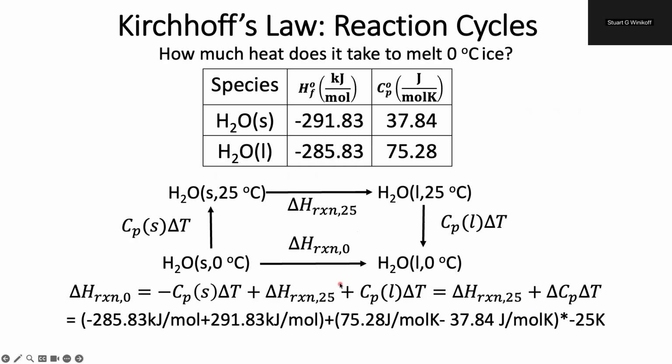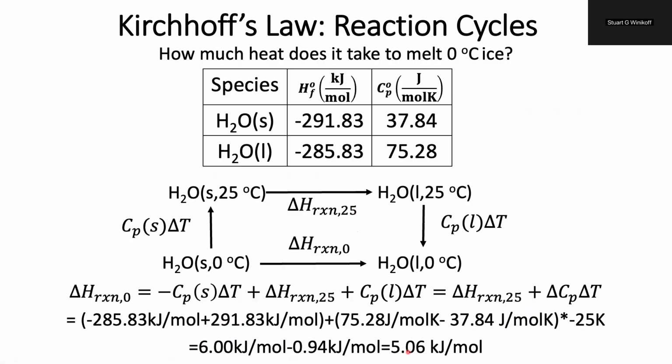And if we put this all together, we're going to have a couple of key things here. Notice, by taking this first difference, we find the enthalpy of fusion at room temperature is 6 kilojoules. But once we subtract out that heat capacity term, we find that the enthalpy at 0 is actually about 1 kilojoule per mole lower.